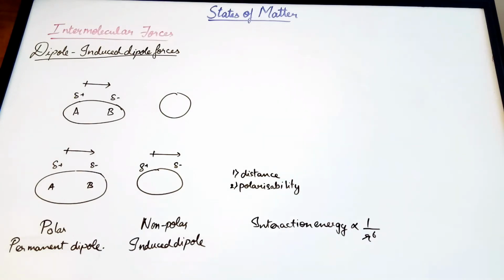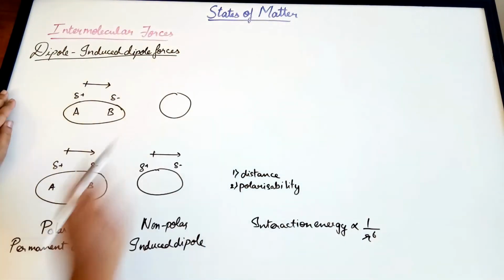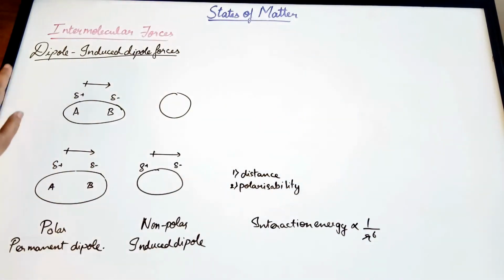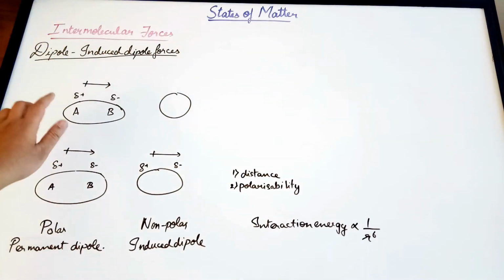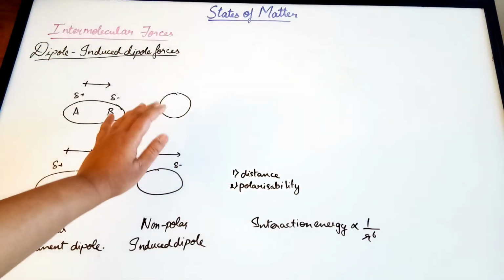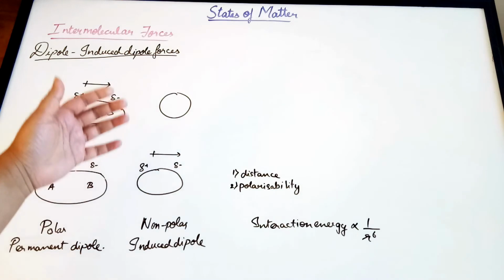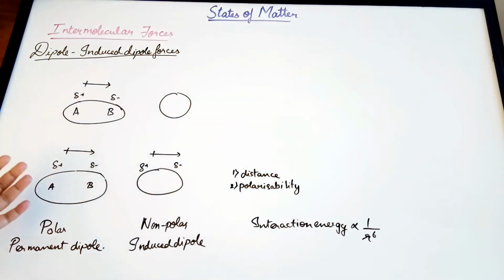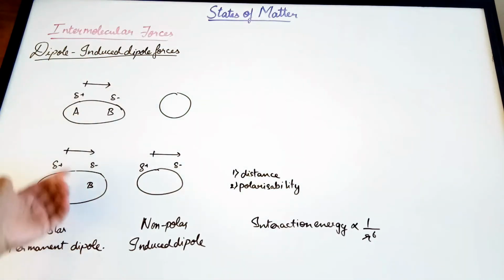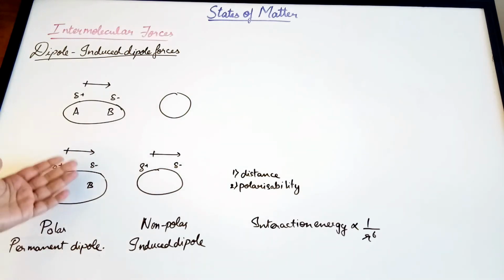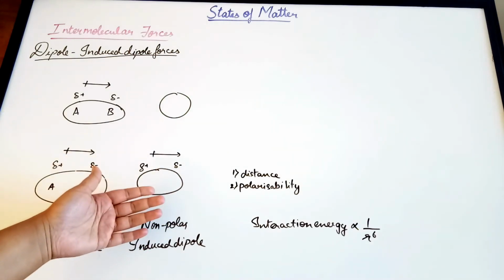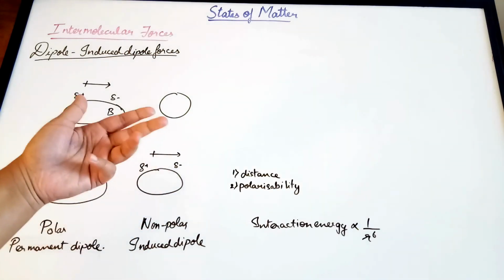So dipole and induced dipole forces are between polar and non-polar molecules. The polar molecule is going to have a permanent dipole, the non-polar molecule does not have a dipole, and there is no distortion of the electron cloud. When a polar molecule comes close, the dipole moment of the polar molecule is going to induce a dipole in the non-polar molecule.